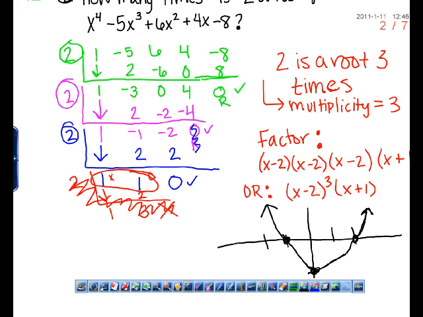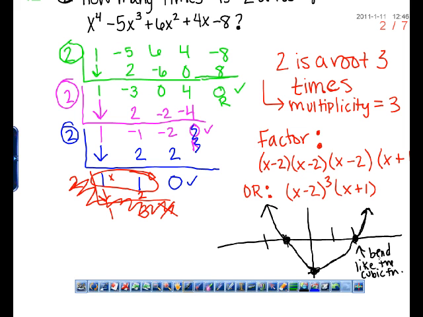So when you have a multiplicity, it tells you how it acts. It acts like the parent function. So this is a bend like the cubic function. And that always happens with a multiplicity of 3.